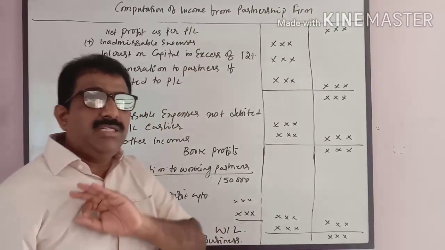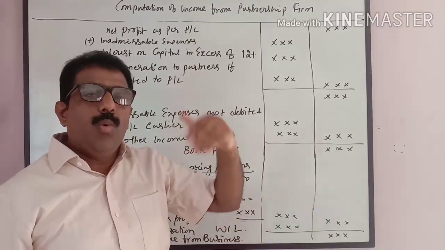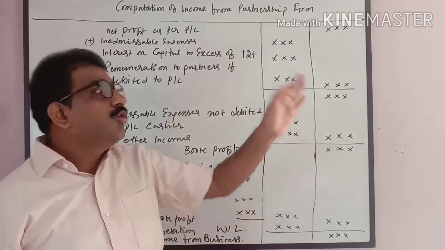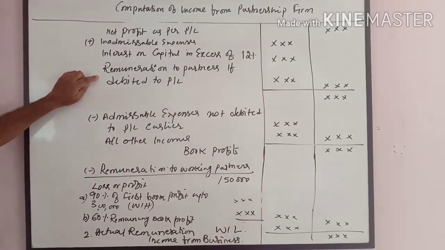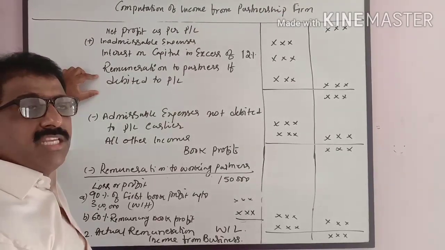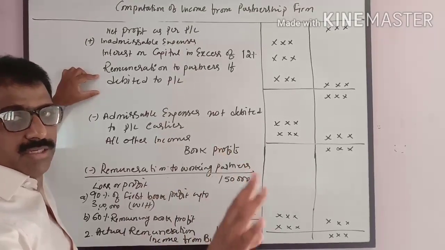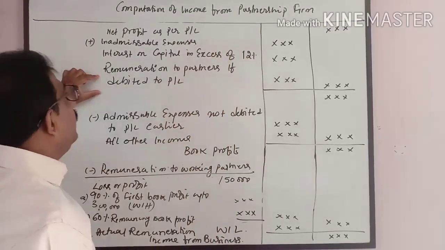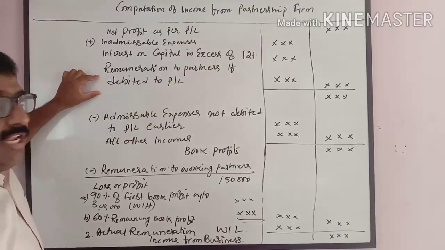Up to 12% is allowed as interest on capital. In excess of that, whatever is debited should be added back to the profit. Then remuneration to partners, if debited to P&L, whether it is given to working partners or sleeping partners or whomever it is, we should add back the remuneration given as per the partnership deed.